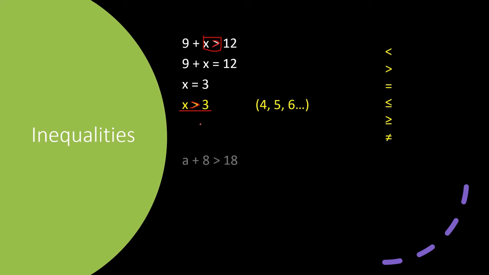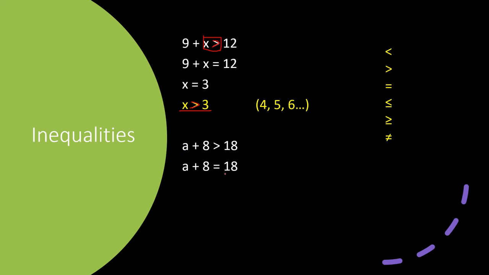Okay, let us look at another example right here. So now I have a plus 8 is greater than 18. Okay, so my next step, I'm going to rewrite this problem, this time substituting the inequality symbol by an equal sign. Okay, very nice. You see that?